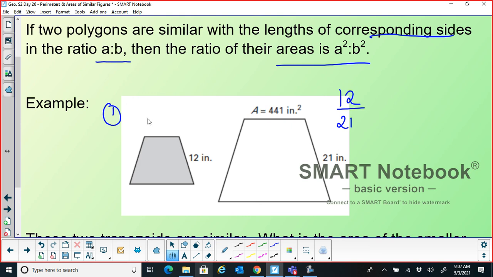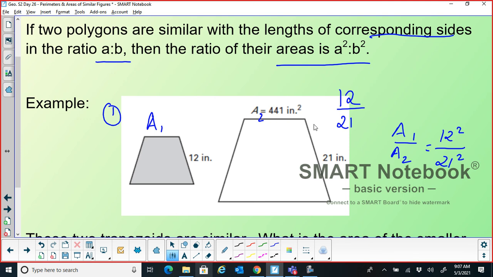We call this area 1 and that area 2. Area 1 is to area 2 is equal to the square of this corresponding side, 12 squared, and the square of the corresponding side of the second trapezoid, which is 21 squared.